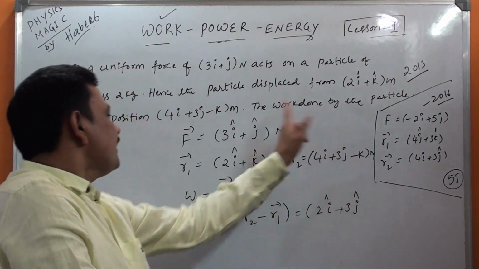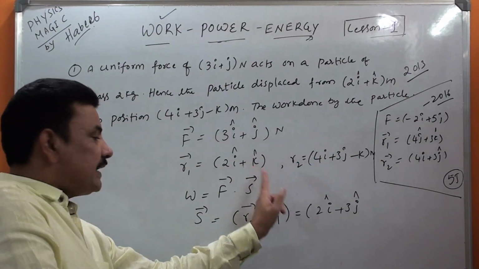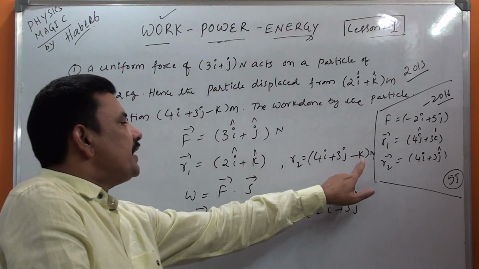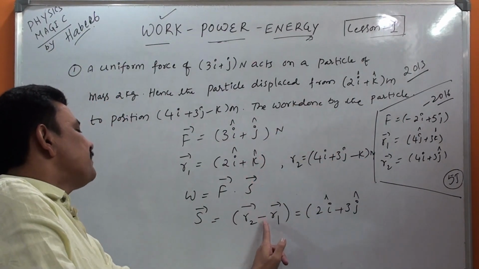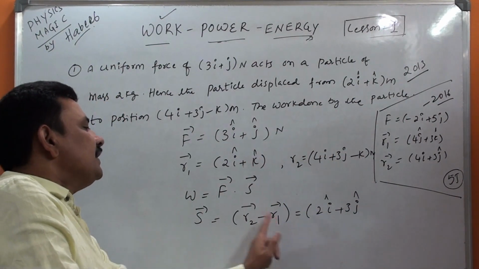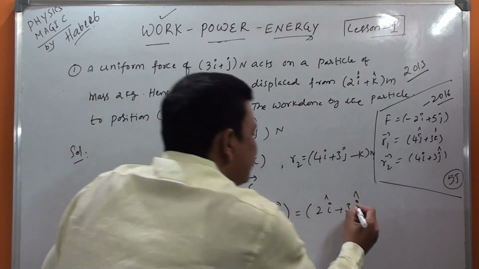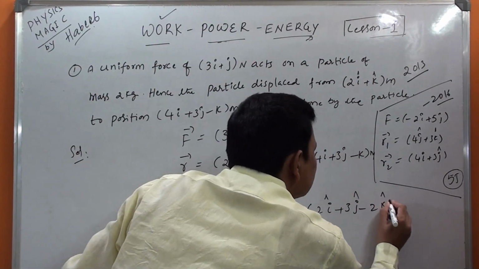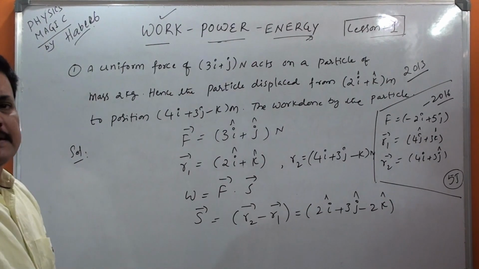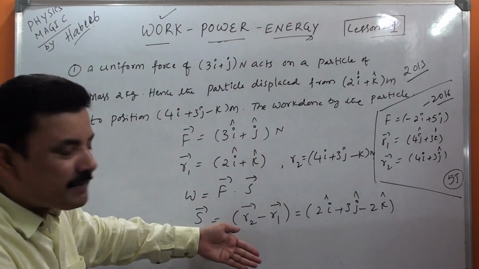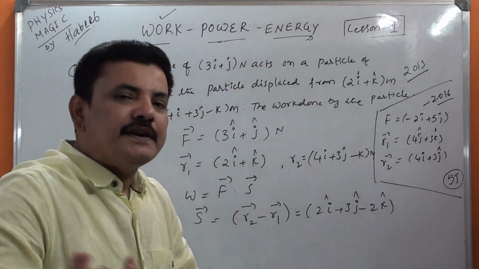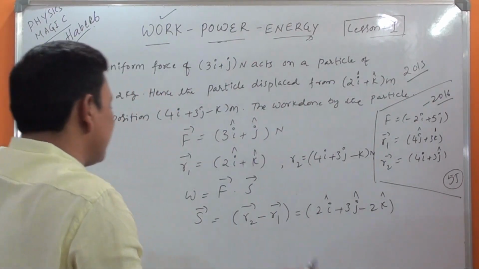Then minus k: minus of plus k, because here is minus, so minus of this minus, you will be getting minus 2k cap. Very simple, because to explain you I am writing like this. Otherwise it will take less than 1 minute to solve the question.